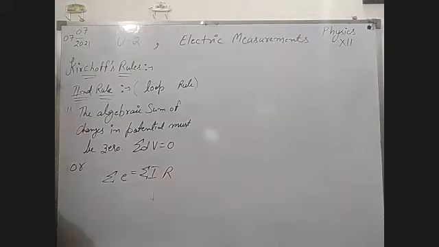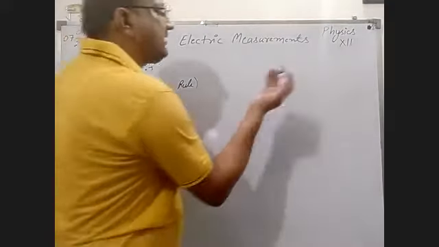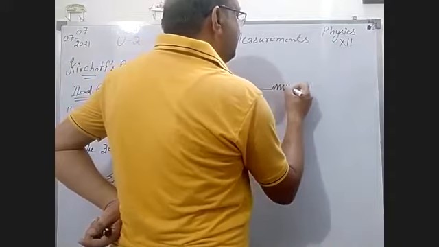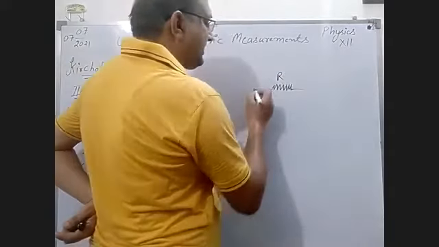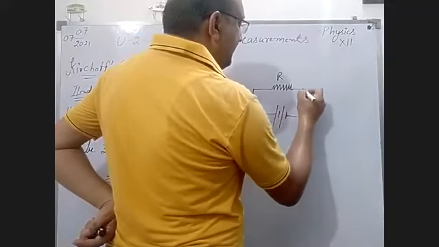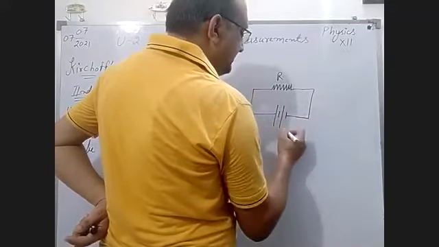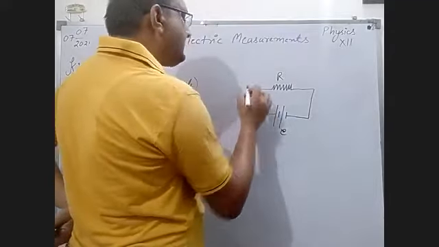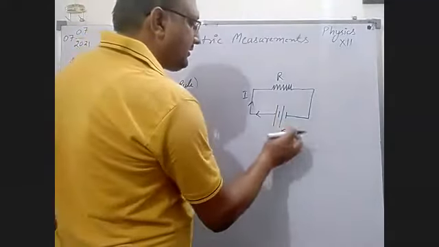This type of thing you can take with the diagram also. Suppose this is a resistance R, this is a battery. Suppose its EMF is E and current is I. Okay.